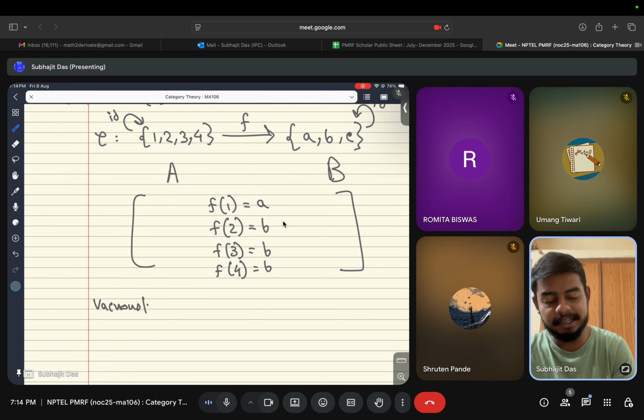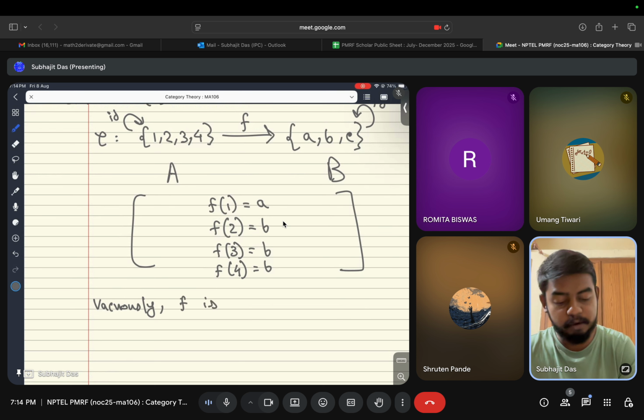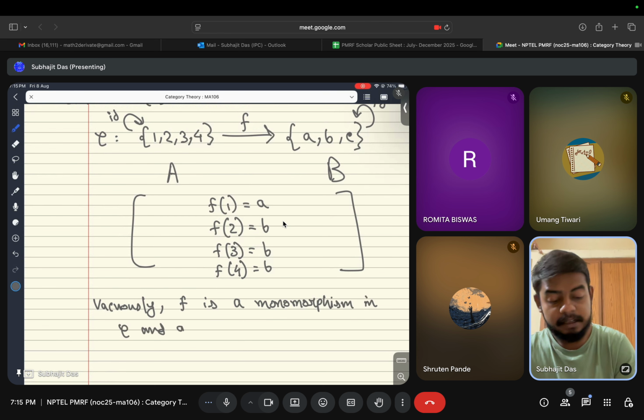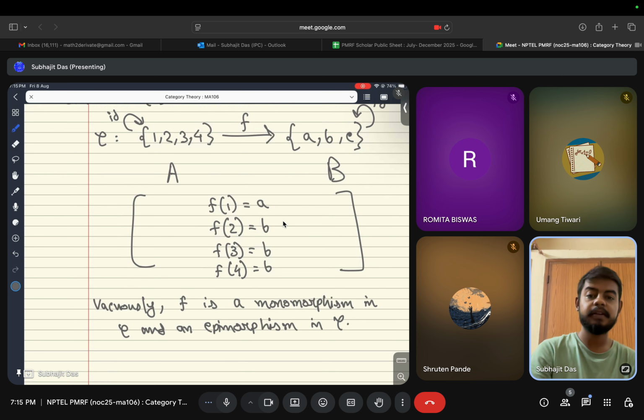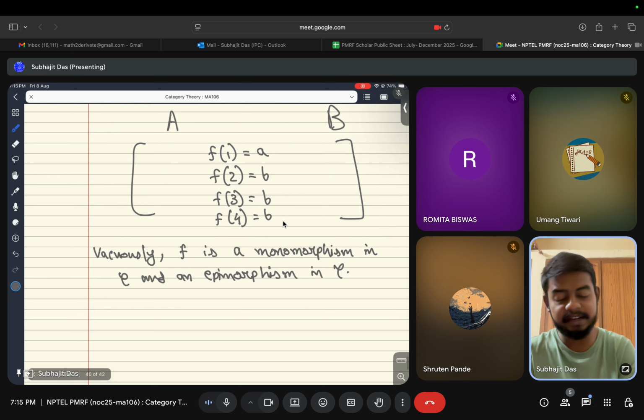So vacuously, F is a monomorphism in C, and an epimorphism as well in C, right? But F is neither injective nor surjective by our very definition.